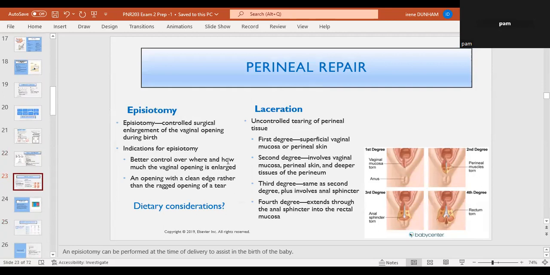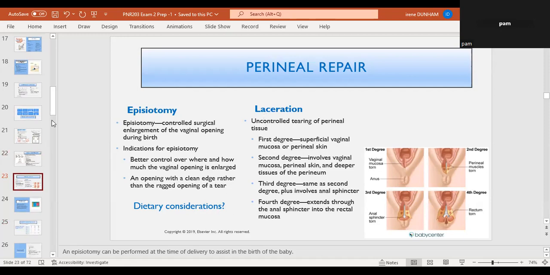Okay, so you've got a head that needs a little more room, you're going to go ahead and do an episiotomy. It's always better to have a clean edge, like I always said, the surgical cut, rather than a ragged opening. A tear is much harder to repair and to heal, because a tear is jagged.